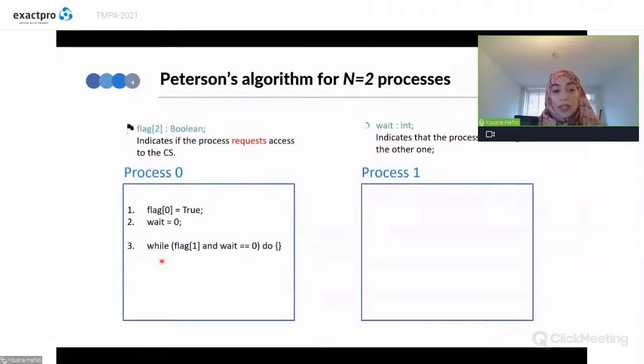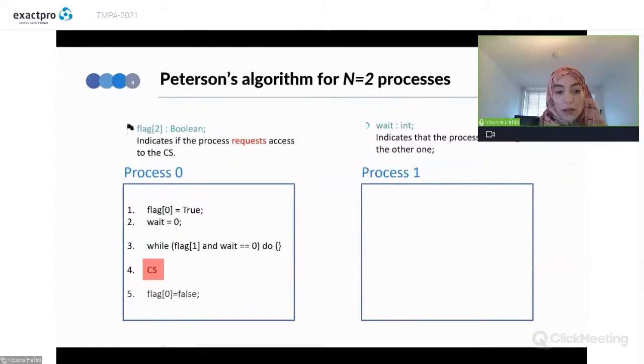So as you see here, it can only get out of this waiting loop if either the flag of the other process is false or the wait variable is assigned to the other process. Once it gets out of this waiting loop, it can get access to the critical section.